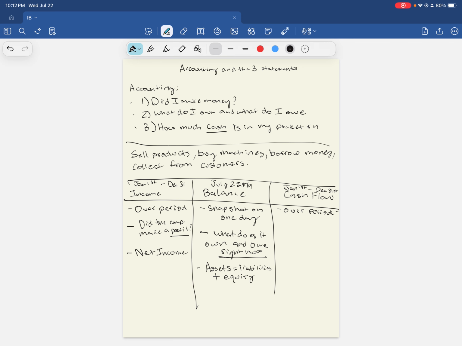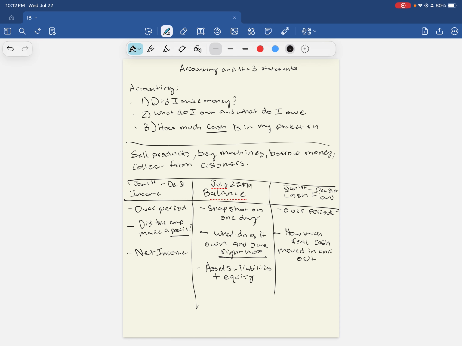So to the cash flow statement, you're answering, how much real cash moved in and out? Because it's a cash flow, cash comes in, there's an inflow and there's an outflow, and you're basically tracking that.